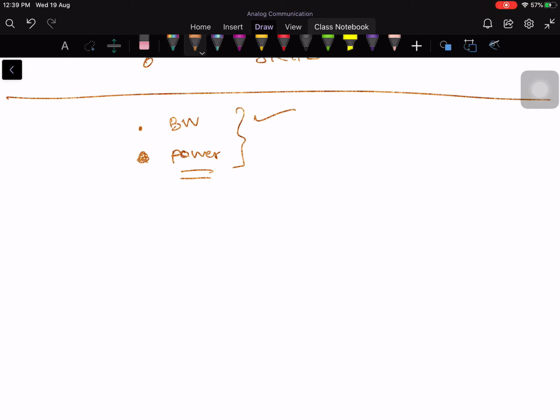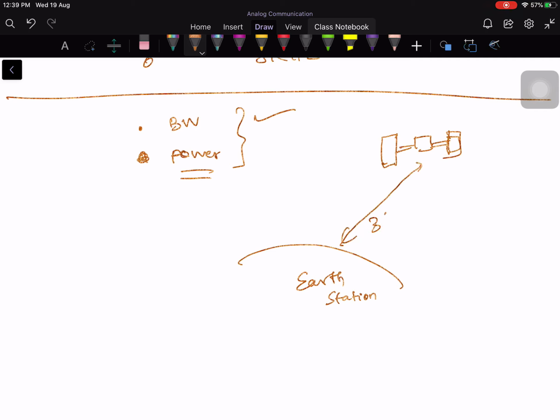For example, if the transmission is taking place from the satellite that you have sent up there, this is your earth station, and there is a satellite situated around 36,000 kilometers between earth and the satellite.